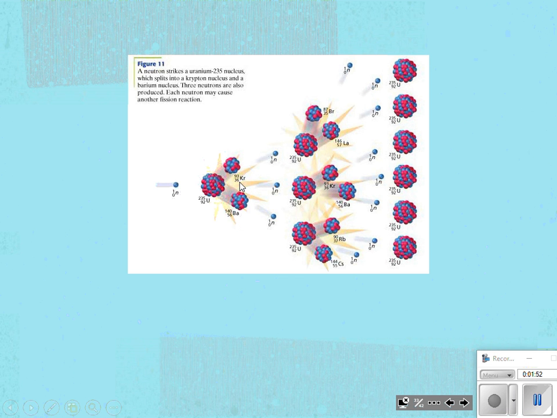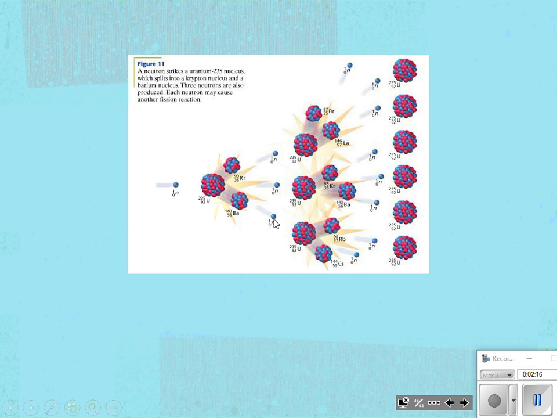This one is krypton here at the top. That one is barium right there at the bottom. But the key part is that when it splits those apart, it also has three more neutrons that are, so to say, the products of splitting those two.